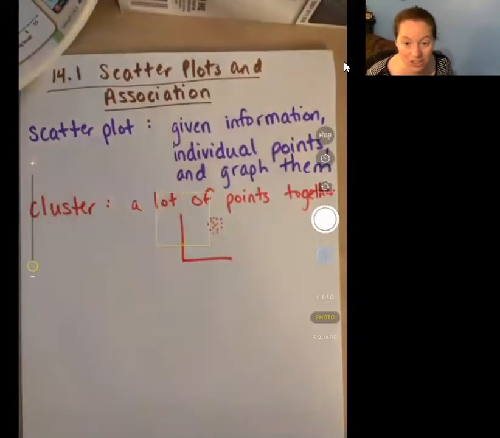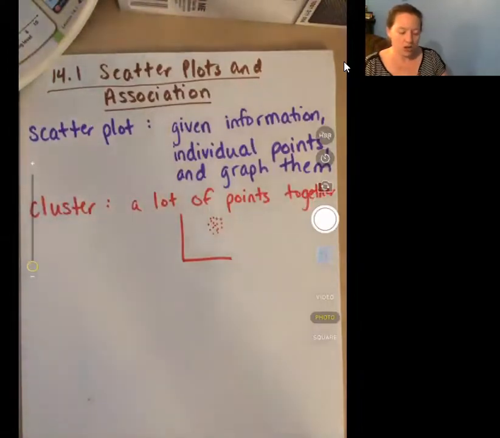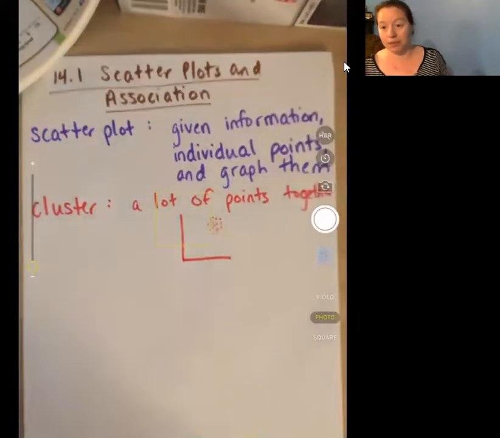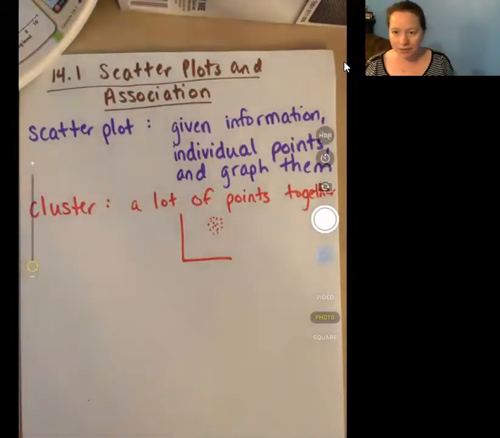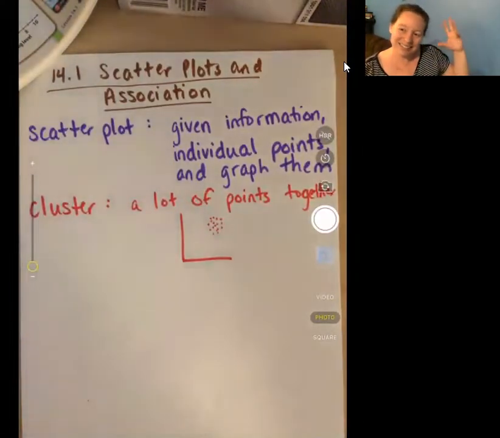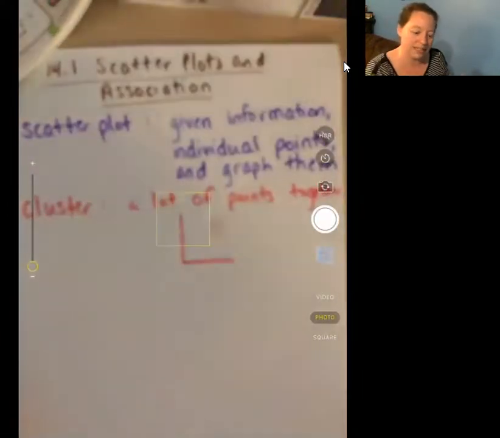Okay, that's a cluster. You see how all those points are almost right on top of each other? So if this was a scientific experiment that we were doing, we would sit here and say, okay, that's about where everybody ended up. That's kind of where we got what we wanted.